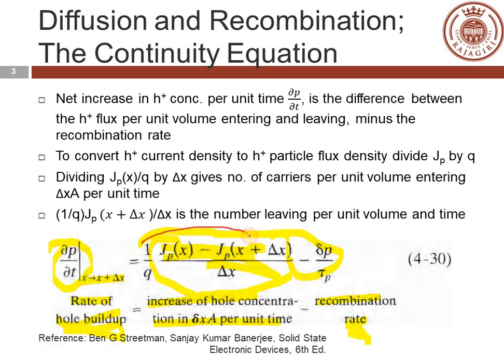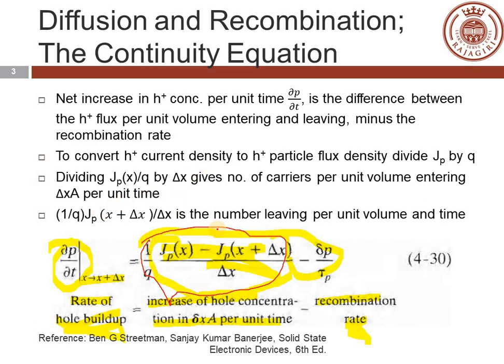From the basic concepts of the derivative, we can write the limit as delta x tends to 0 of Jp of x plus delta x minus Jp of x, divided by delta x, will be equal to the derivative of Jp with respect to x.